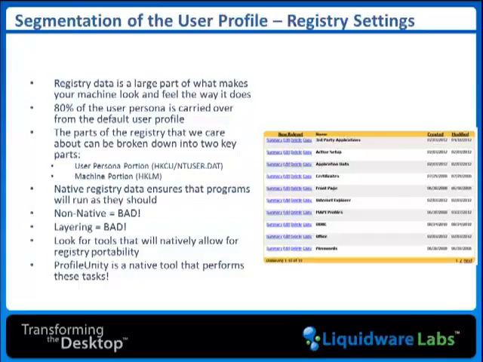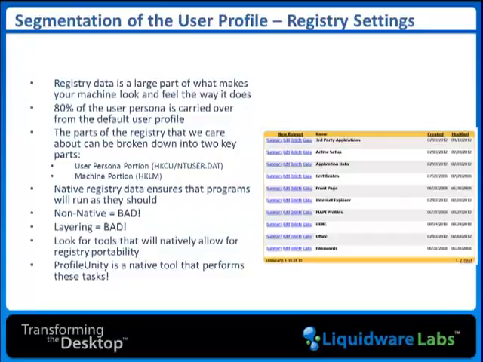Now, these parts of the registry we care about can be broken down into two key parts. The user persona portion, which generally is stored as HKeyCurrentUser, aka ntuser.dat, and the machine portion, which is generally stored as HKeyLocalMachine. Now, native registry data ensures that programs will run as they should. If we have a non-native solution, so if we decide to encapsulate or virtualize or layer that registry, then that's bad because that's not native.